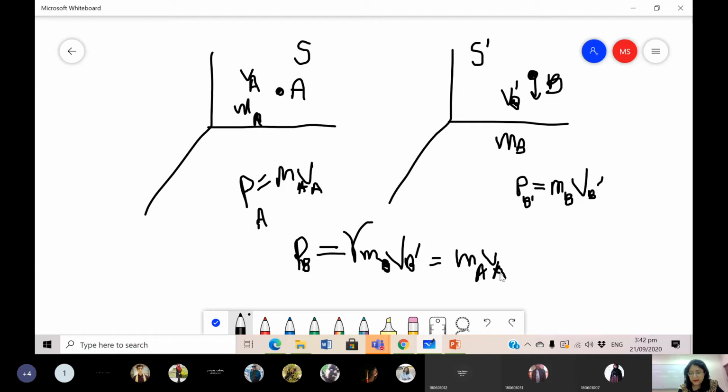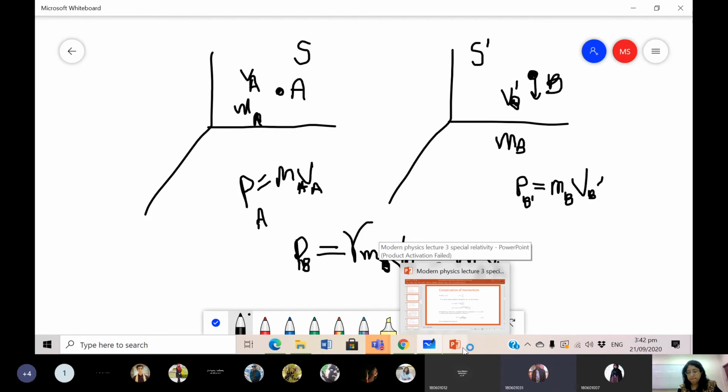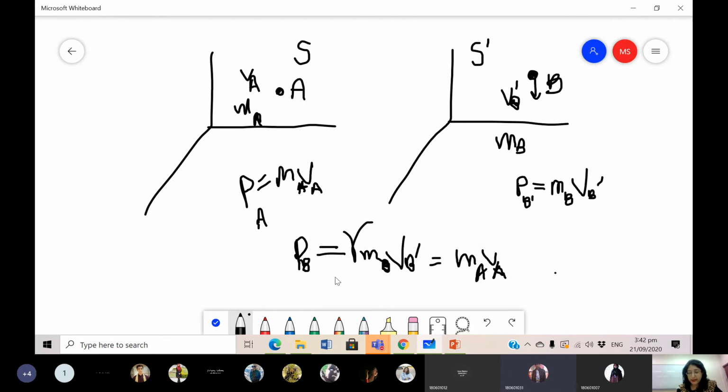Because I said that VB dash is equal to VA and MA is equal to gamma MB. So these are equal, and they have to be equal because of conservation of momentum. Okay? So as seen from S frame, B will be observed with a momentum gamma MB VB dash.